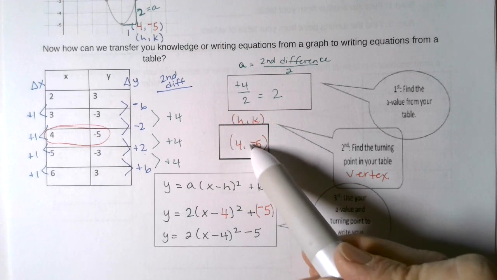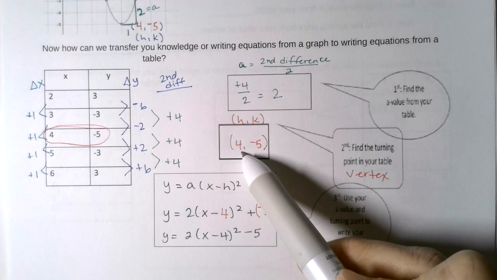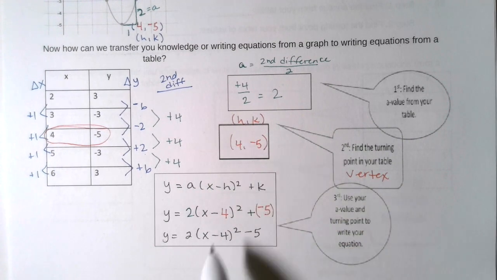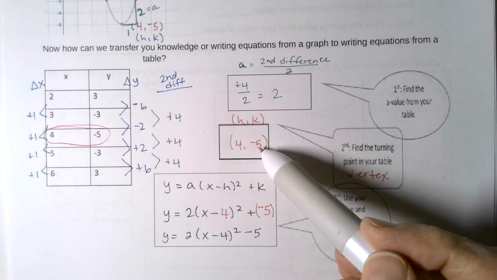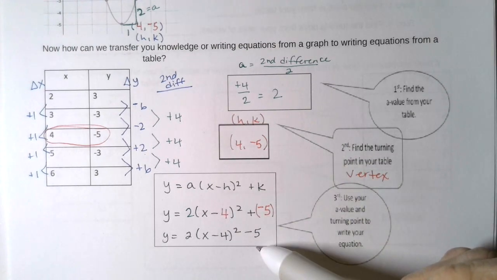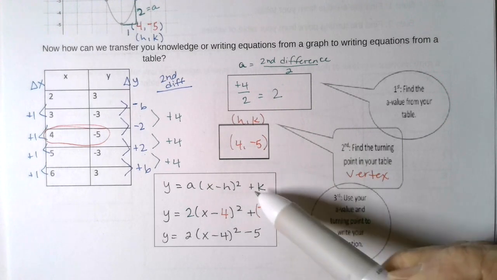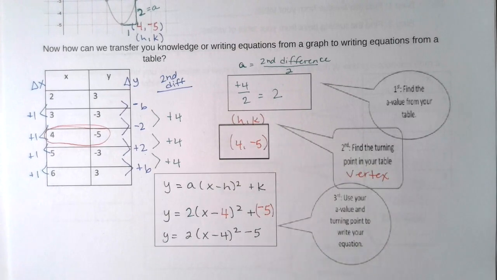And just like we talked about last unit, when h is 4 in the equation, you see subtract 4 because you have an opposite sign here. When k is -5, you still see it as subtract 5 in your equation. So it's opposite for h, it is the same for k.